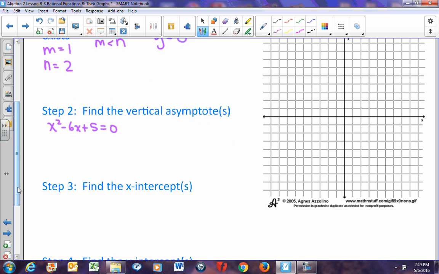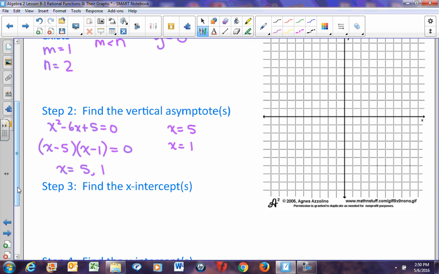So in this case, it's going to be x minus 5, x minus 1. That will give me a product of 5 and a sum of negative 6. So x can equal 5 and 1. Right? So my vertical asymptotes then are going to be x equals 5, x equals 1. So I have two vertical asymptotes.